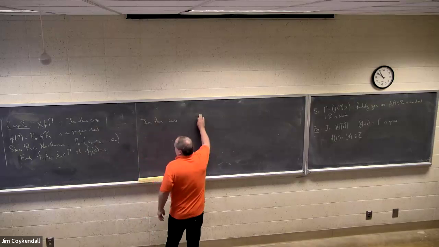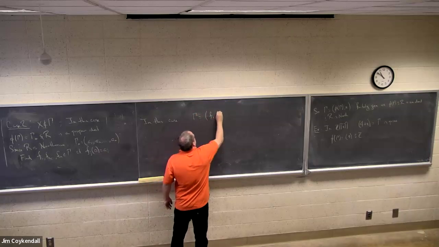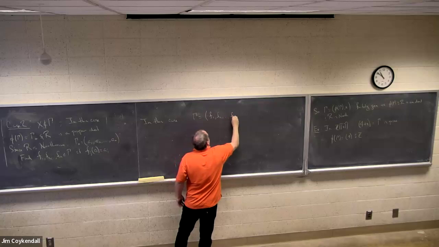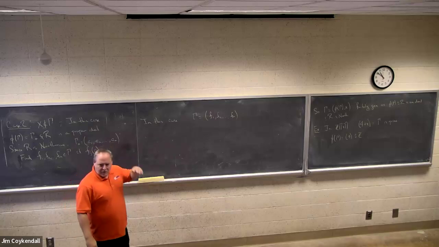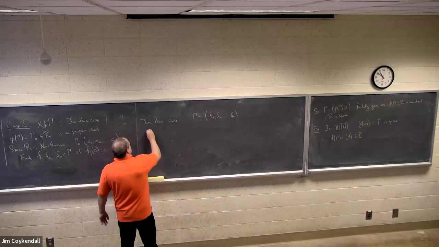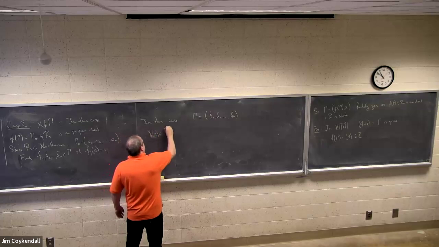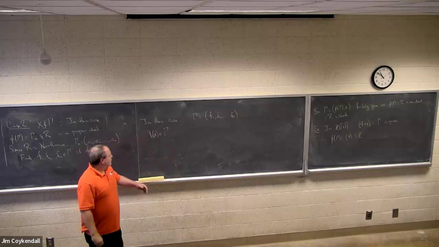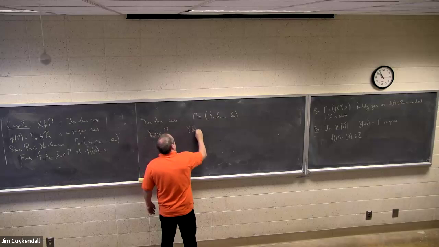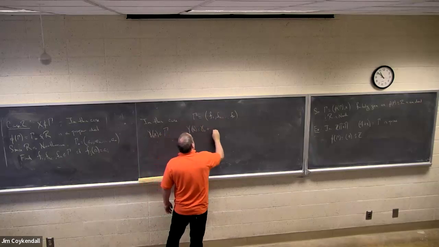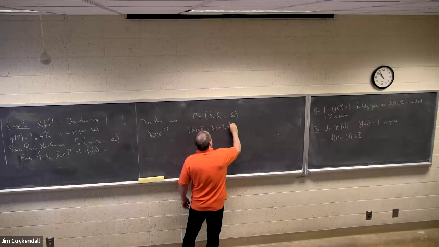In this case, gamma is generated by f1, f2, up to fn. And let me show you intuitively how this process works. Suppose you have gamma, x in gamma. So let's write gamma of x as gamma 0 plus gamma 1 x plus gamma 2 x squared plus and so on.